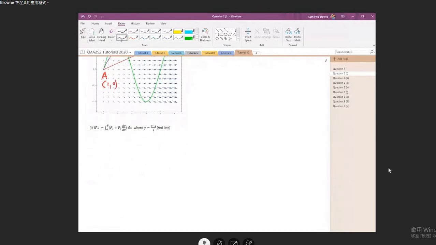So for all of them, F(x,y) is equal to xi plus yj, and that's equal to f1(x,y) i plus f2(x,y) j.